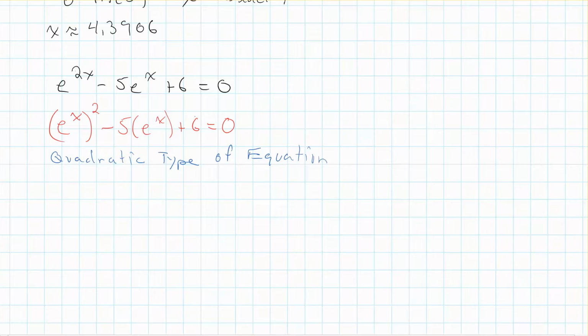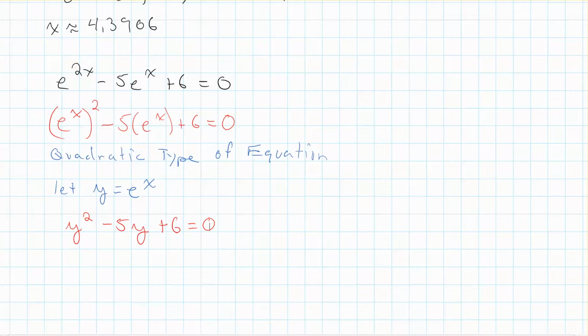So what you can do is, for this I'll just say, let's let y equal e to the x. So if I substitute then in, I would have y squared minus 5y plus 6 equals 0.